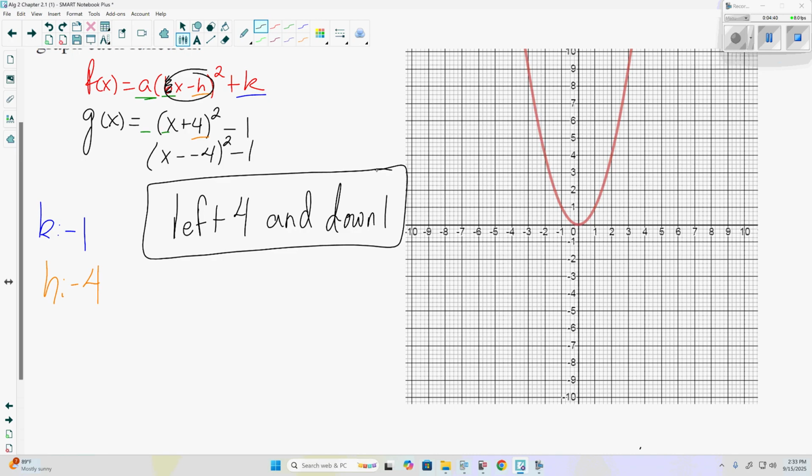Questions on this here? Now this is a rigid motion, so we could just take this function, and every point on this function is going to move to the left 4 and down 1. So we should get a function that looks similar or close to this here.